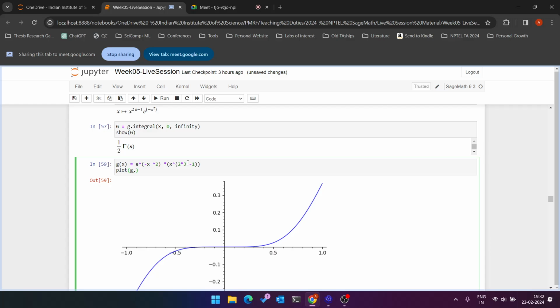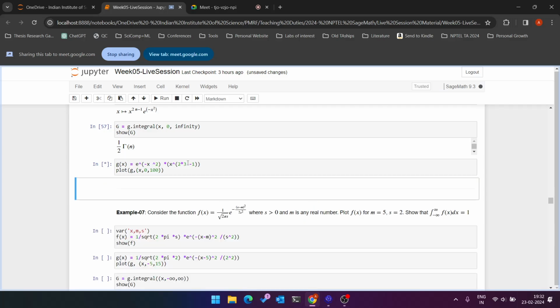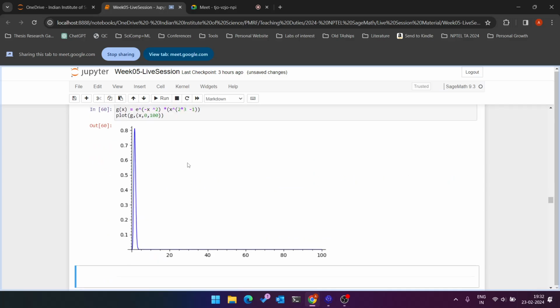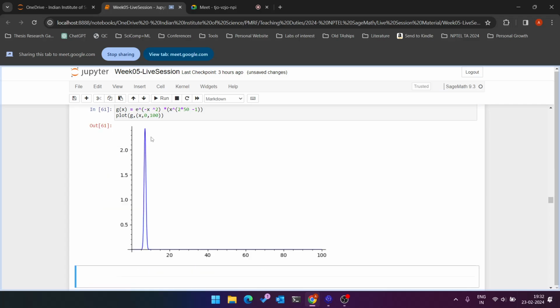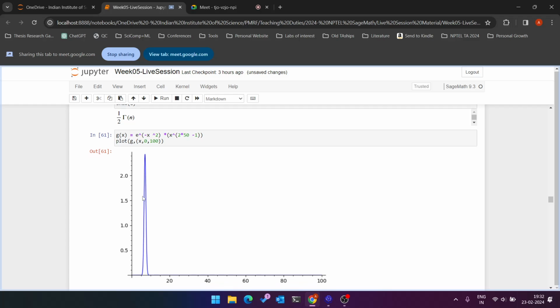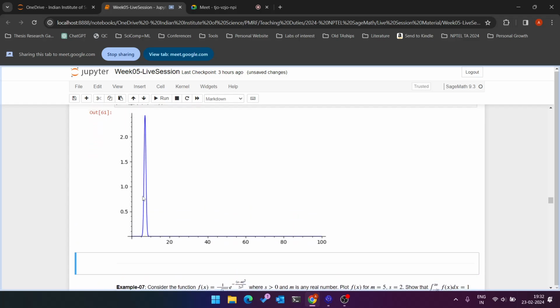I have to restrict it to x from 0 to, say, 100. So it will peak at some point and then drop. If I push this to even say 50, again it will peak somewhere and drop. Okay, so this is what we get.